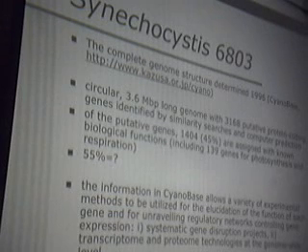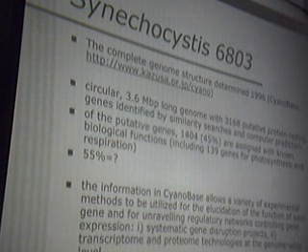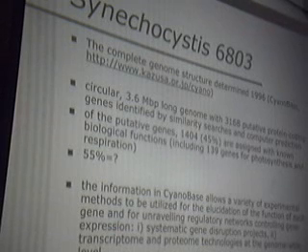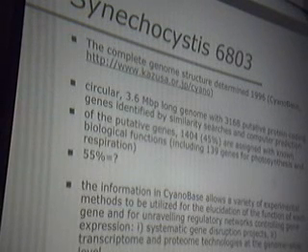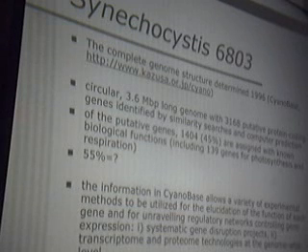It has a 3.6 megabase long genome with 3,168 putative protein coding genes identified by similarity searches and computer predictions. Of the putative genes, about 45% are assigned with known biological functions.